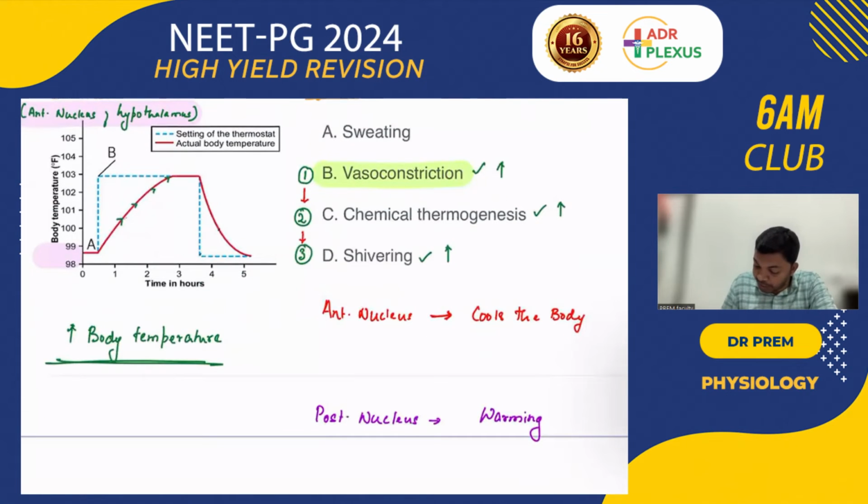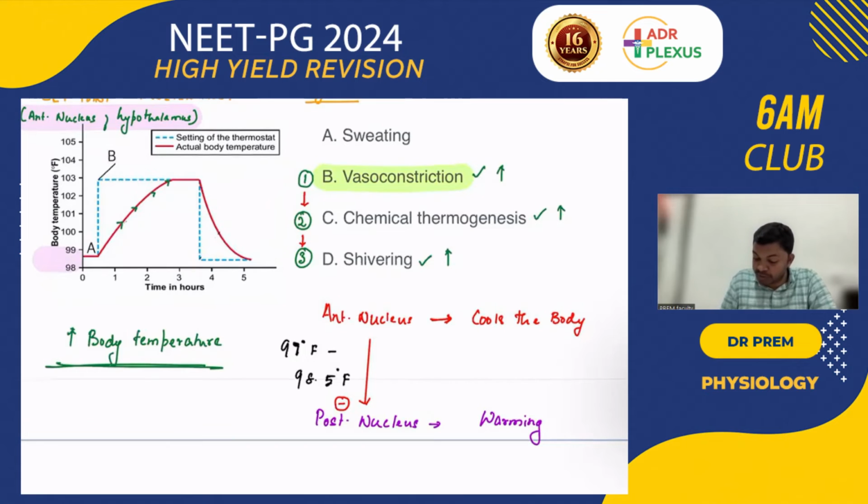And always anterior nucleus of hypothalamus will be inhibiting posterior nucleus, and the range of this inhibition will be, for example, 97 degree Fahrenheit all the way to 98.5 degree Fahrenheit. Across this range, anterior nucleus will be suppressing posterior nucleus. As a consequence, body temperature, which is represented in red line, will be in this range, guys.